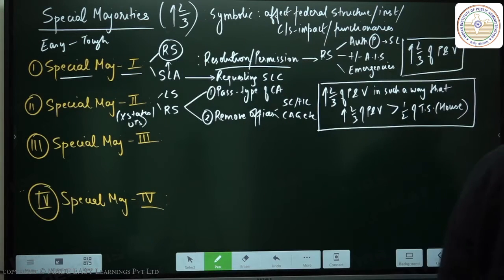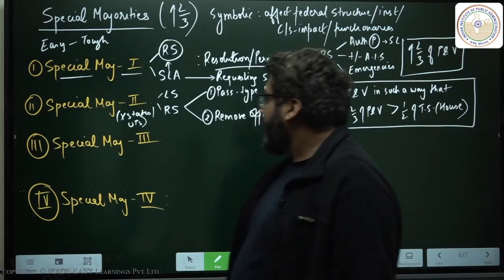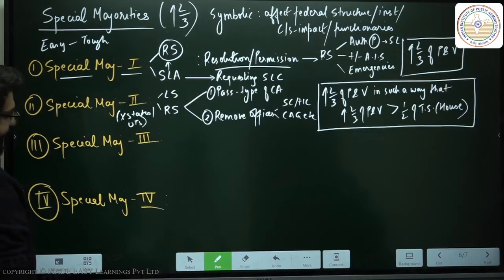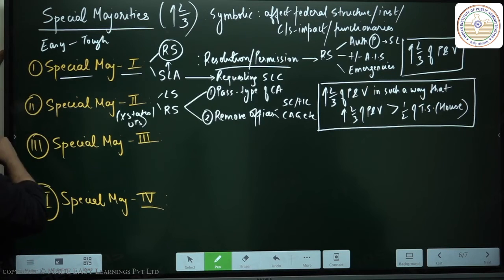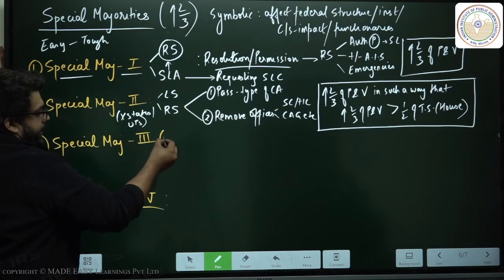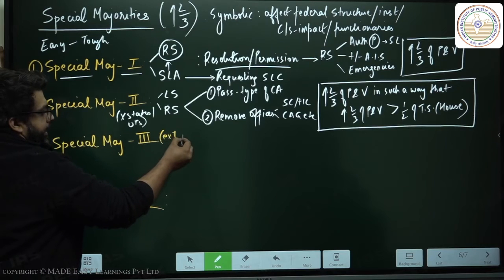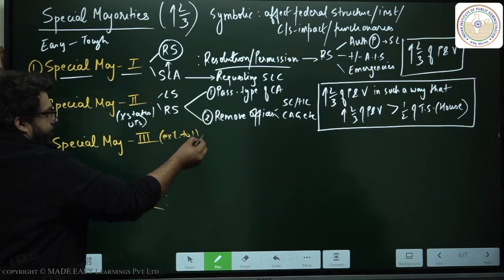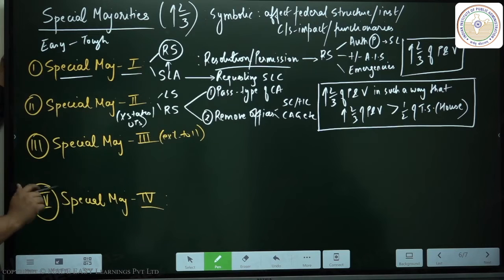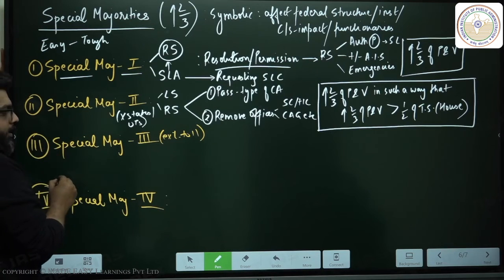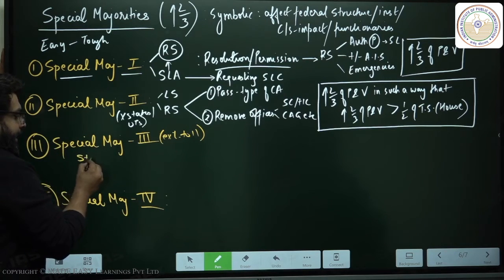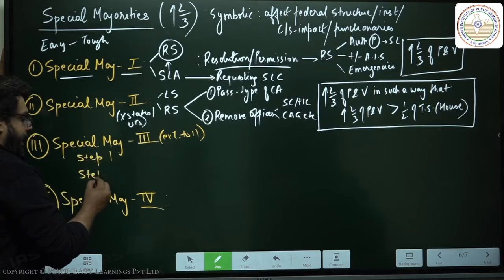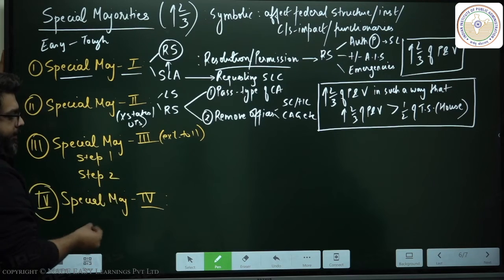Clear? All right. Now let's come to special majority 3. It is a little complicated, but not very difficult. Special majority 3 is an extension to special majority 2. So half the work is the same. Special majority 3 basically has 2 steps, step 1 and step 2, or phase 1, phase 2.